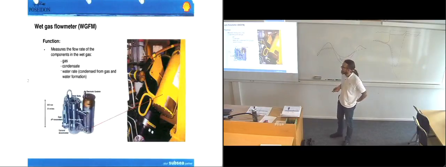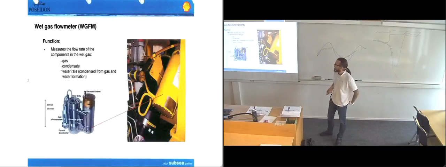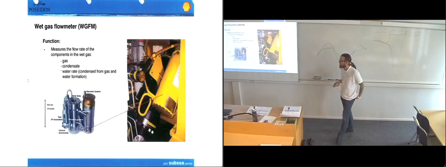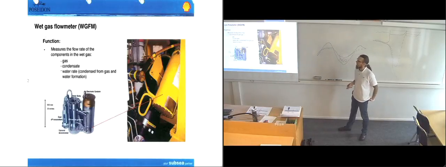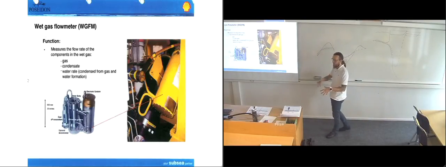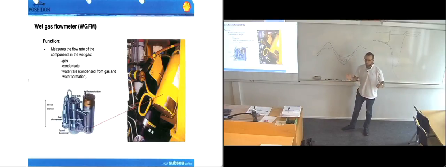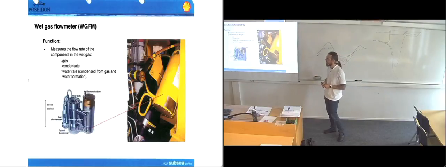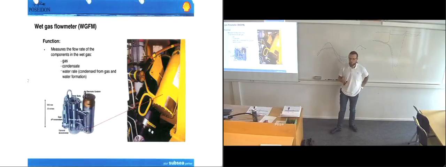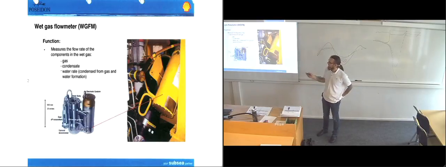And then it's the wet gas flow meter. So it measures the gas, the condensate, and the water rate in the fluid flow. The water rate is just, as we're down in the high pressure of the reservoir, the water will of course be vaporized along with the gas, so it will be in its gas phase, just like the gases.